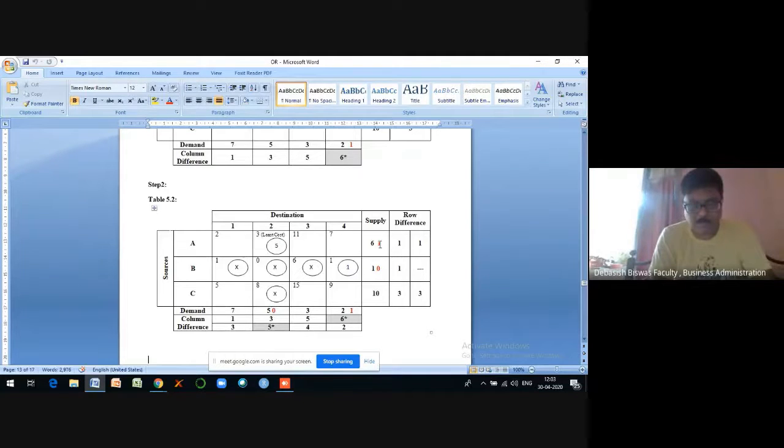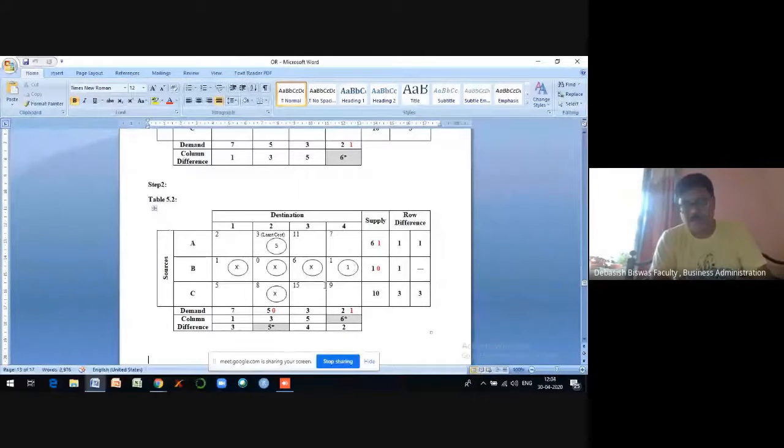Right? So what happens? Now this column will be deleted because the demand is now 0. So the second column will be deleted, and the second row has already been deleted.